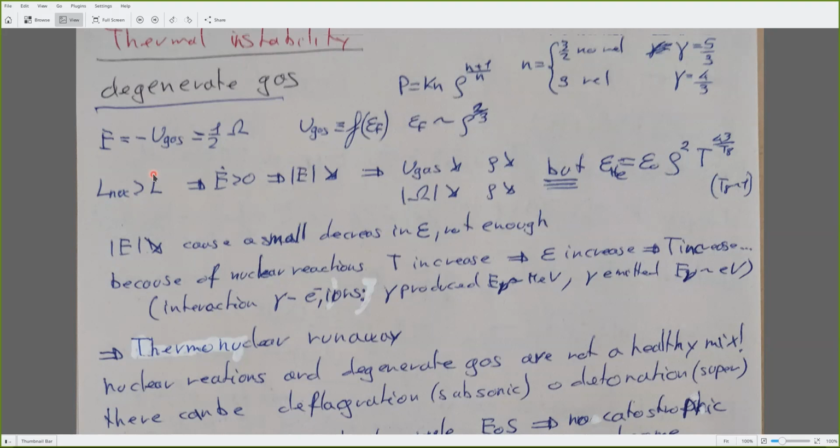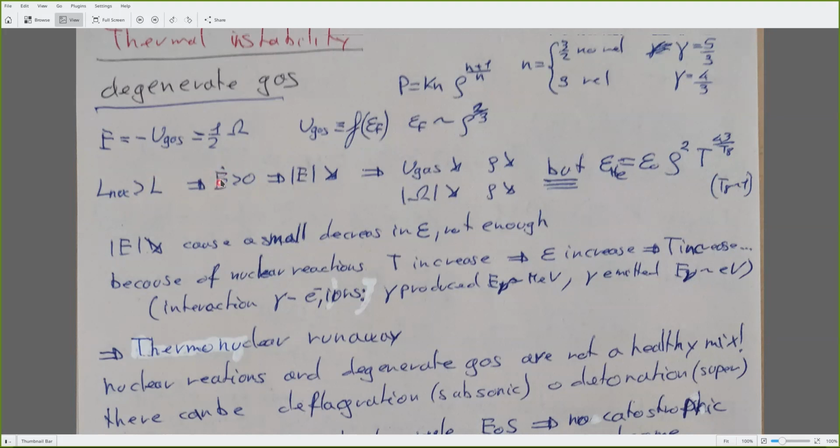But for example, when the star compresses, at a certain point the core of the red giant starts to contract to raise the temperature up to where the helium burning starts. And at a certain point, we'll have the start of the nuclear reaction. And this energy will be at a certain point greater than the luminosity that can flow.